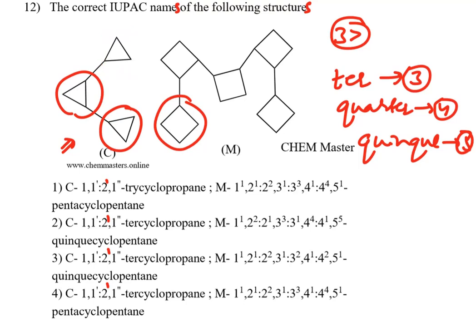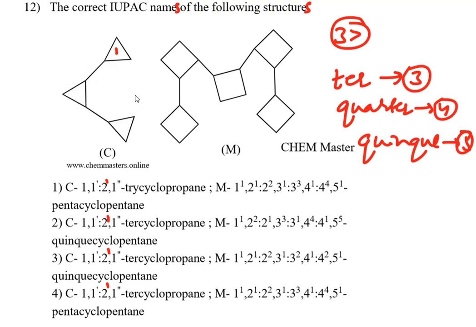The first one is where we should select a parent hydride ring. So I'm just selecting the one here, one, and we should give consecutive numbering to each and every identical ring. So 2 and 3.